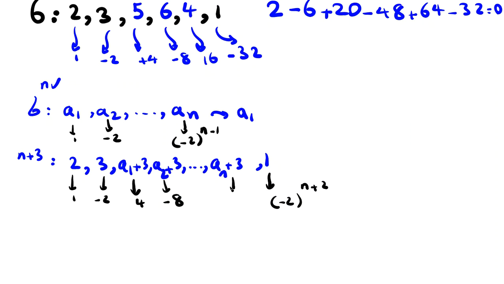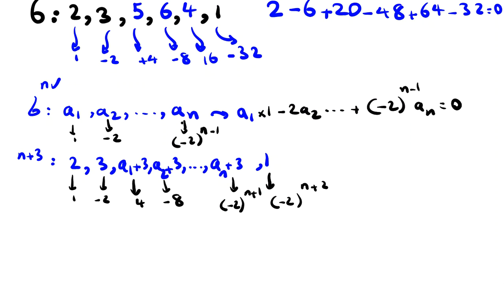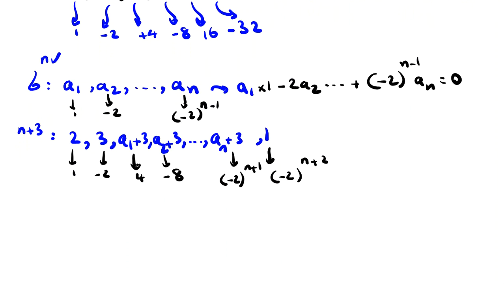And this one will be -2 to the power of n plus 1. So now we know it is 0: a1 times 1, minus 2a2, up to -2 to the power of n minus 1 times an, is 0. Now we want to use this and prove that this is also 0. So if we factor 4 from a1, let's focus on this part.